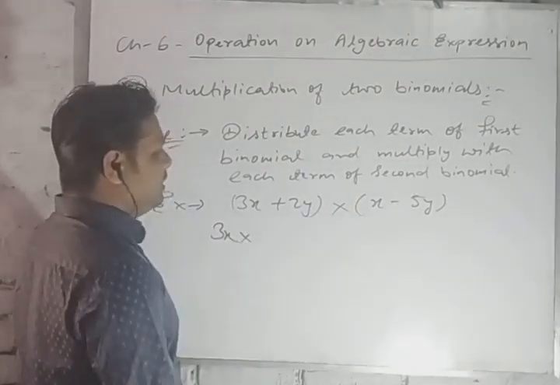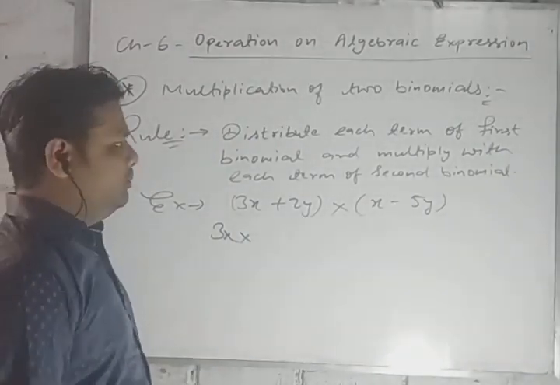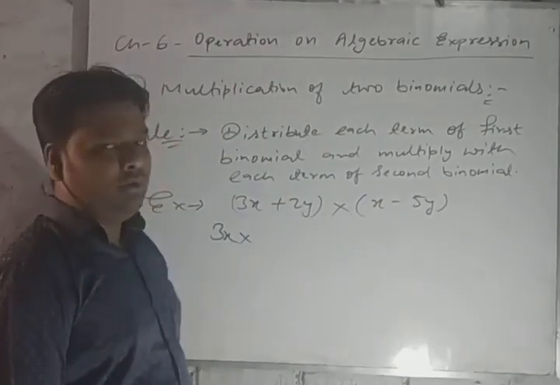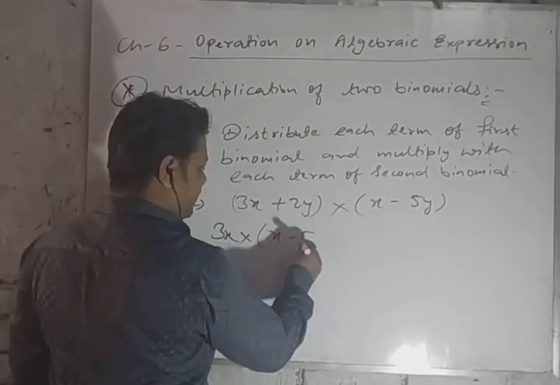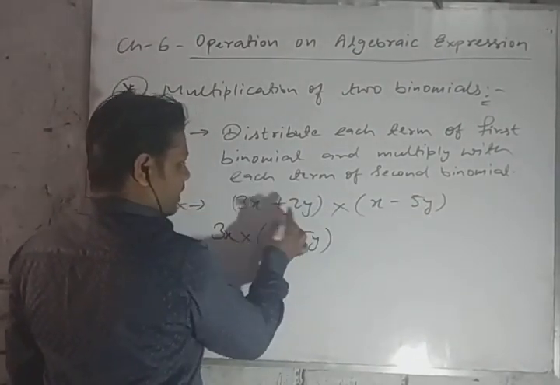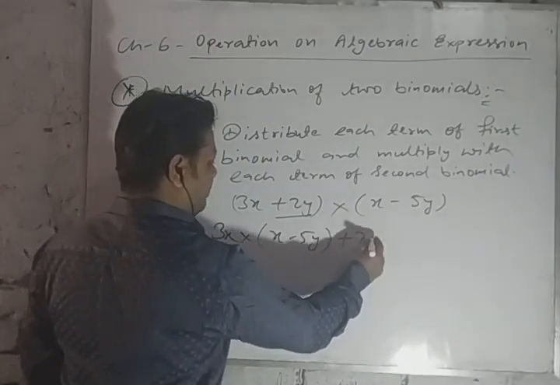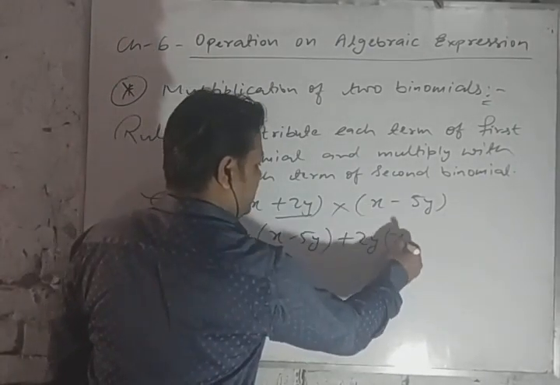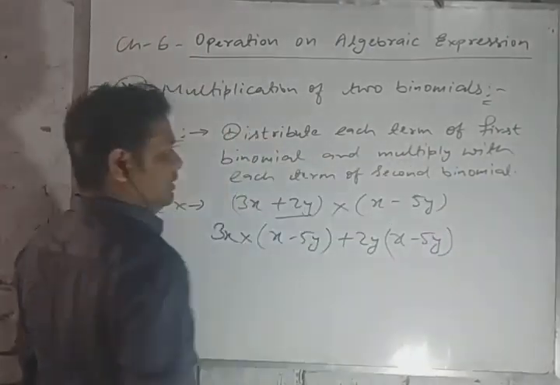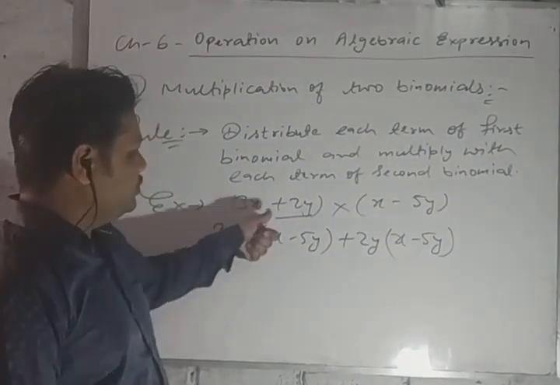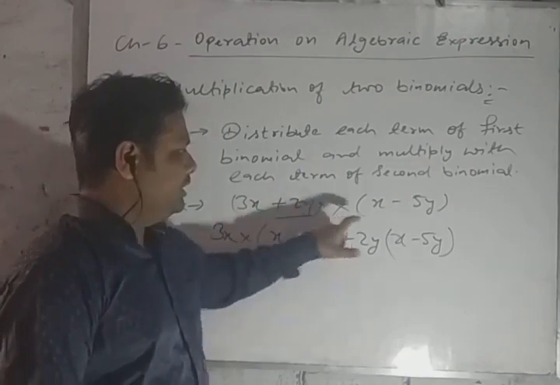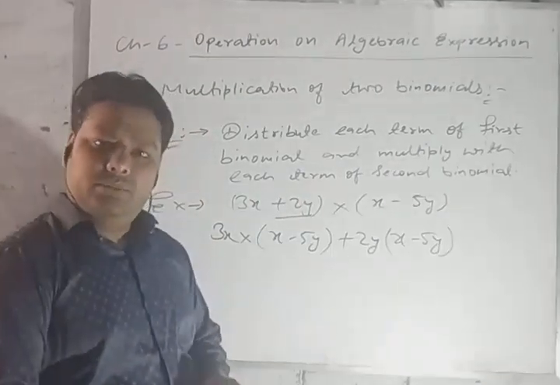We have to multiply each term of the first binomial with each term of the second binomial.